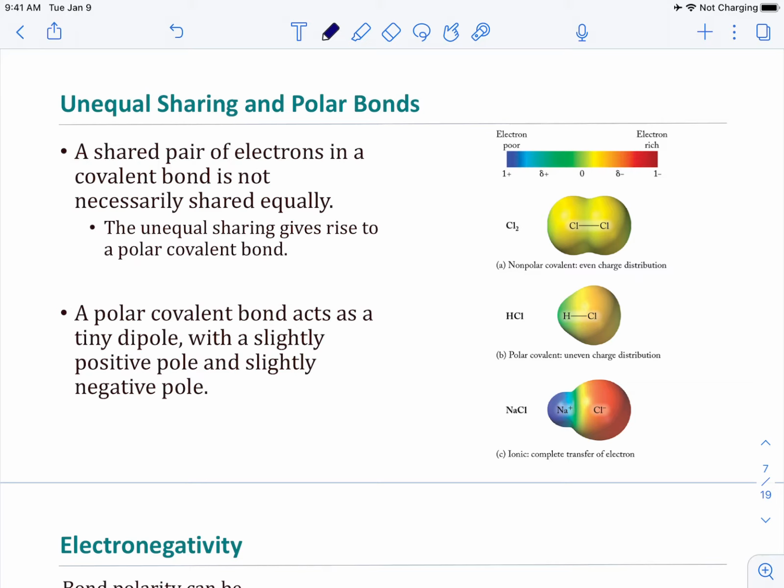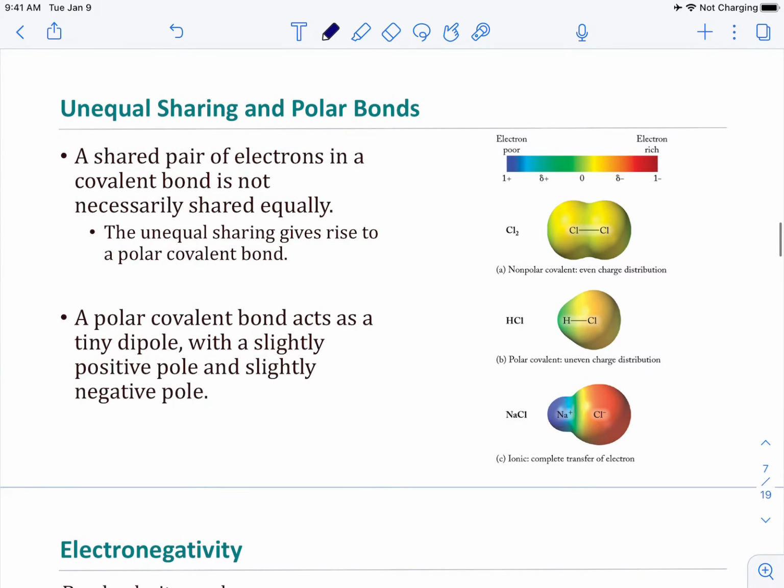Now, the covalent bond, you might guess that not all atoms like electrons the same, because you looked at electron affinity and ionization energy in the previous chapter, and you know that to be the case. So if I bring together two bromines, yeah, they're identical.